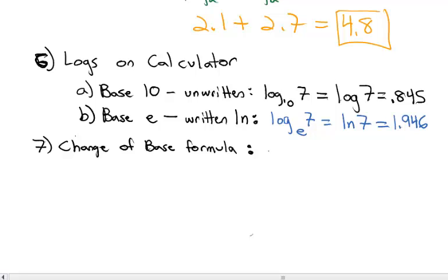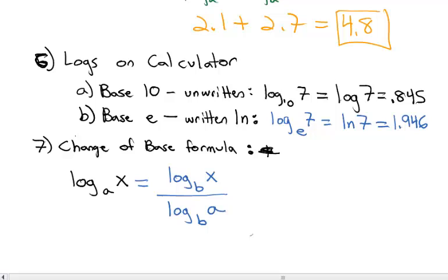The change of base formula says we can take log base anything of x, and we can change it to a different base. Let's say we want to do a log base b. We can stick the x in there. We just have to divide by the log base b of the old base.